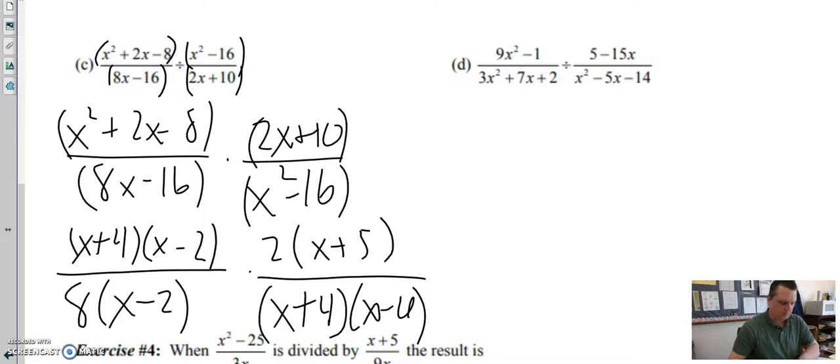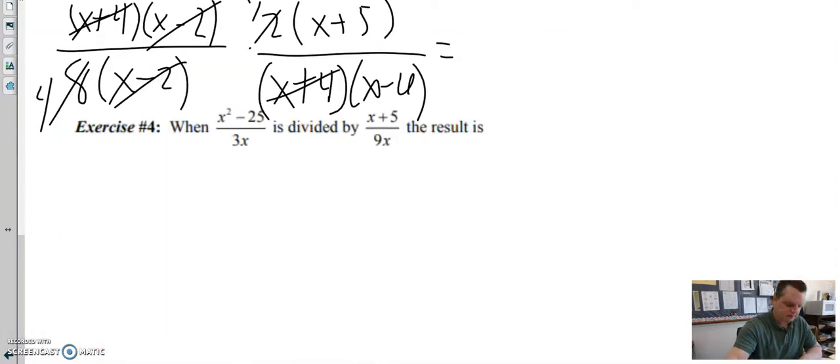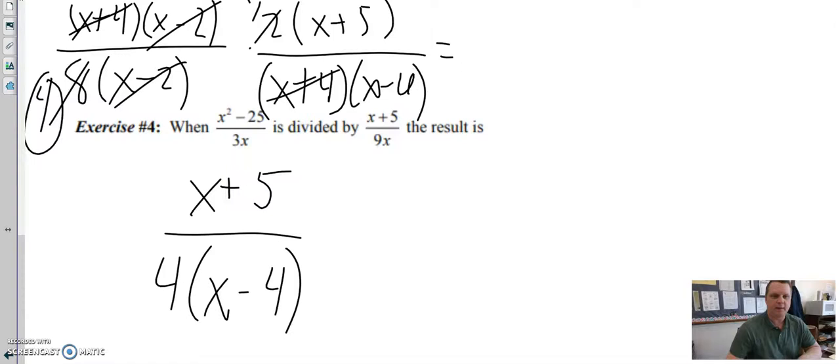So then what will cancel is your x plus 4s, your x minus 2s. 2 goes into itself once and into 8 4 times, which leaves me with x plus 5 all over 4 times x minus 4.